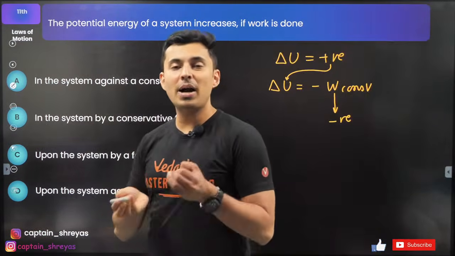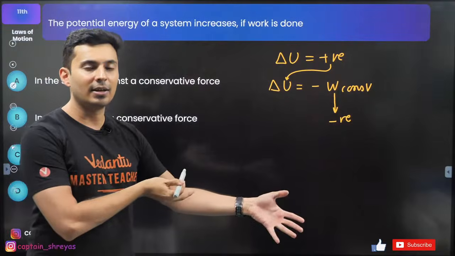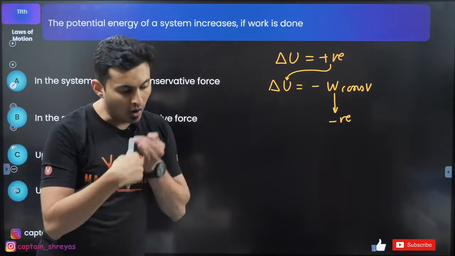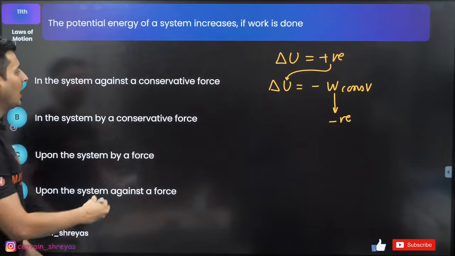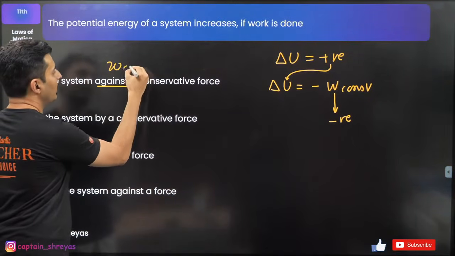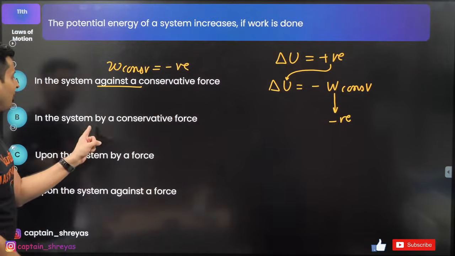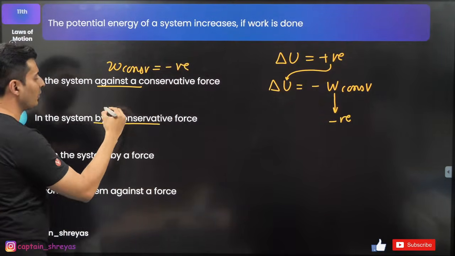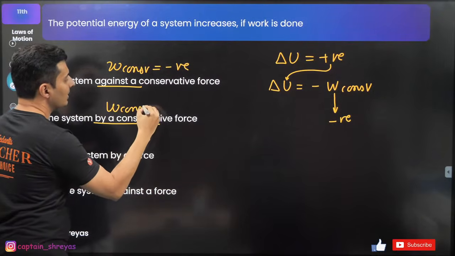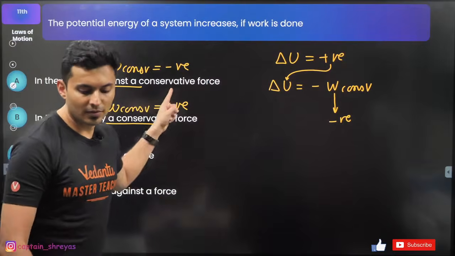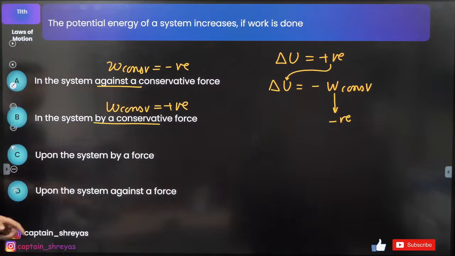If the work done by the conservative force is negative, the conservative force is not doing work; work is done against the force. If it were done by the conservative force, the work done would be positive. Since it's negative, I'm going to stick with option A.